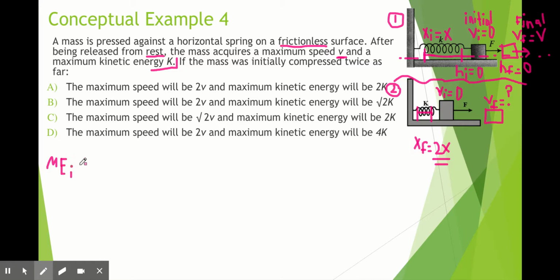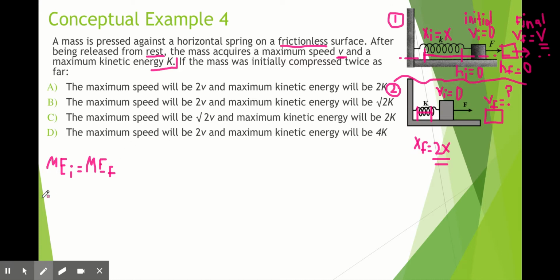Initially, is the object moving? It looks like it, like with the arrow. Or no, it's not, right? Because the velocity initial is 0. The final velocity of the object is going to be some value, which we are told is v. But initially, it starts at rest, so it won't have any kinetic energy.